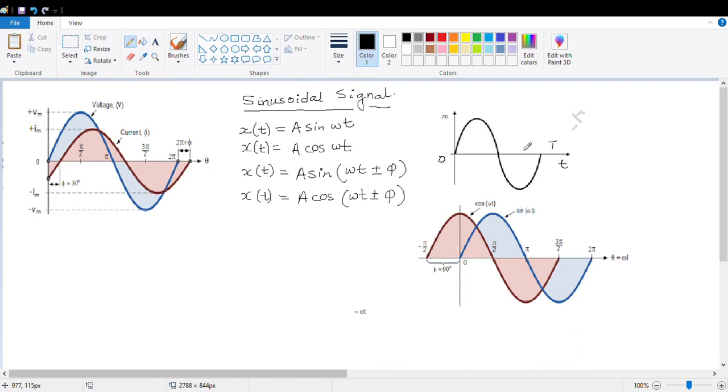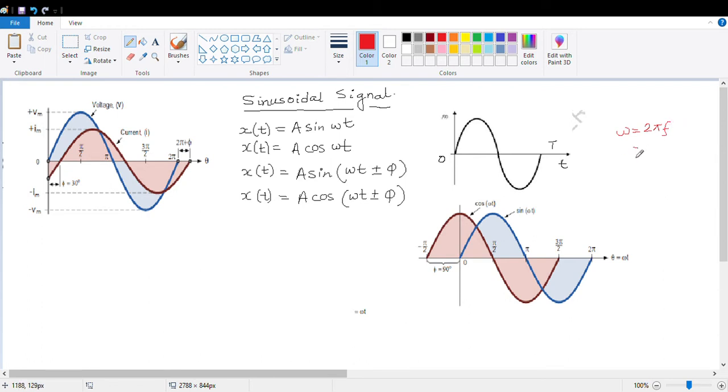And as they are periodic, they have frequencies. The factor omega contributes to the frequency. So what is omega? Omega is nothing but angular frequency, and we can express omega as 2πf, right? F is the linear frequency in hertz.